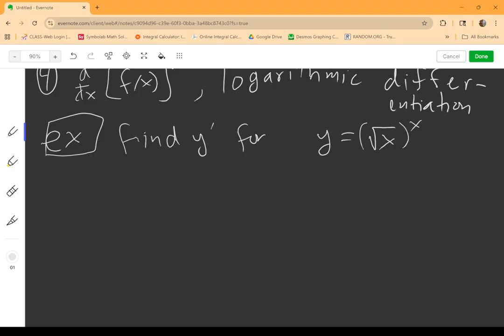All right. So we'll start off by, again, taking the natural log of both sides. So natural log of y, and here I'll start applying the power rule for logs, is x natural log root x. And I'm also going to do myself a favor here, right? Root x is just x to the 1/2.